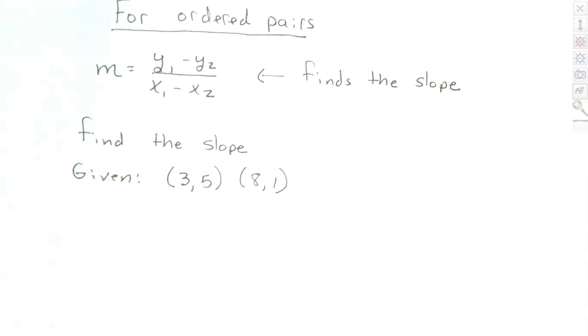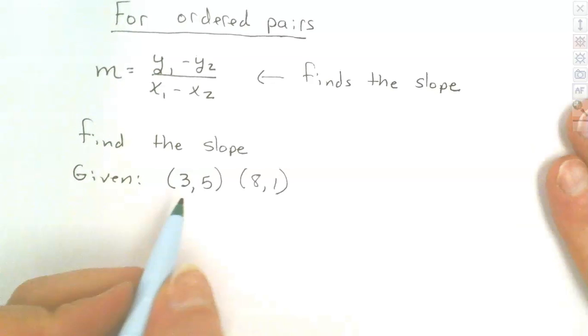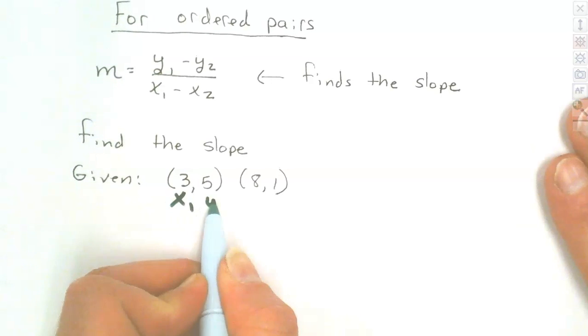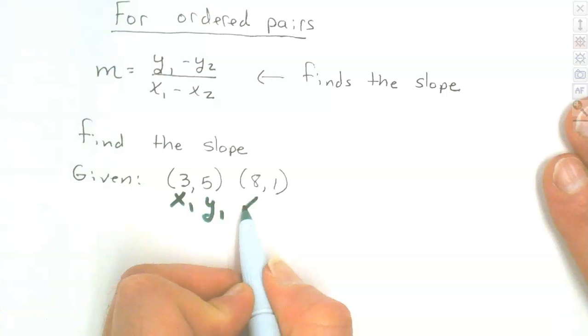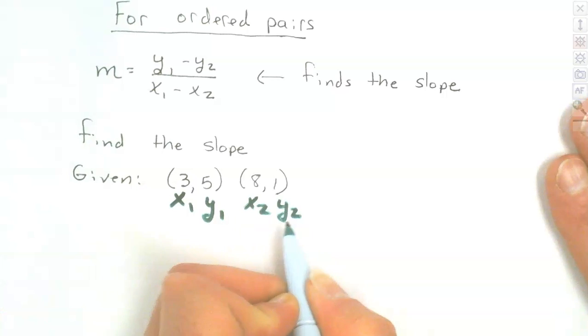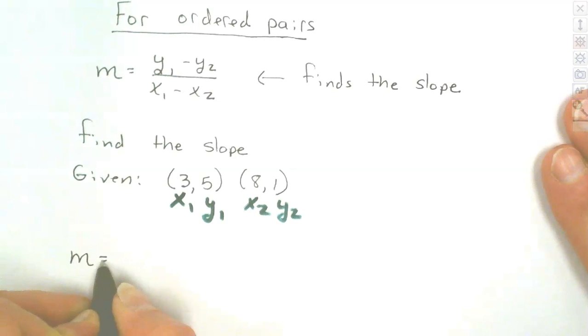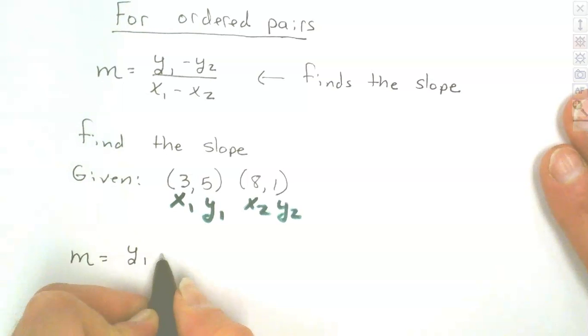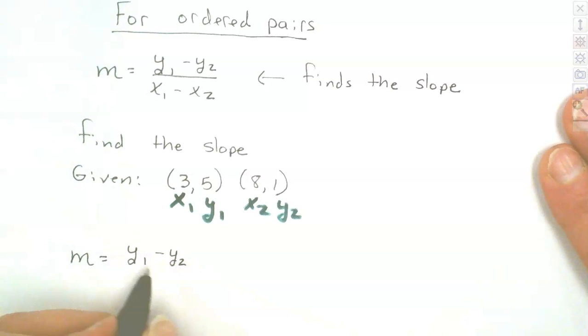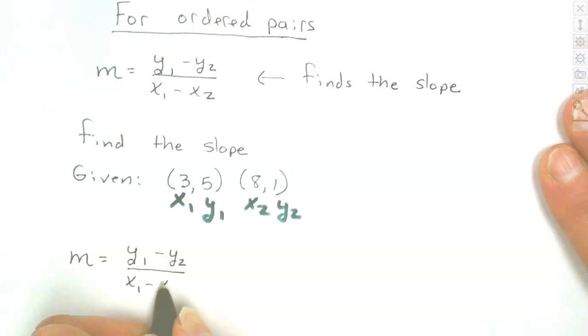It's actually a little bit easier than the distance formula. You just label x1, y1, x2, y2. So we label our ordered pairs. I always like to write our formula down, which is y1 minus y2 divided by x1 minus x2.